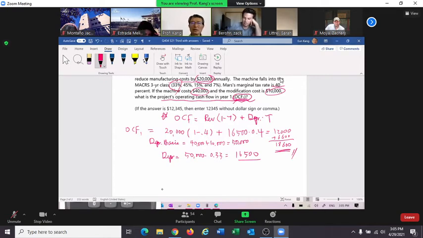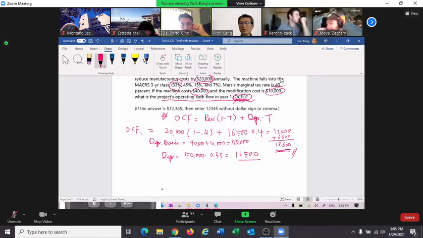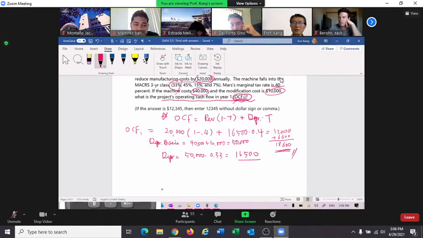I told you that not only machine cost, but installation, modification, and also shipping and handling, all those costs directly related to the operation of the machine should be included in the depreciable basis. In your examples, when you did the modification cost, you added it to each year. It wasn't a one-time cost.